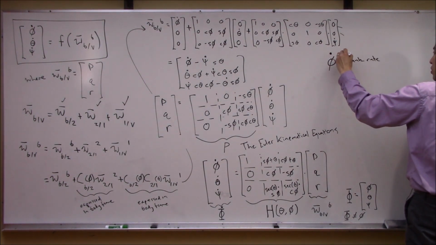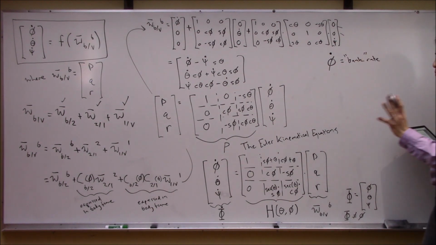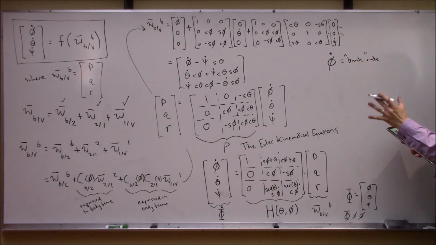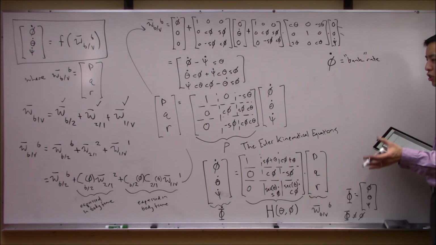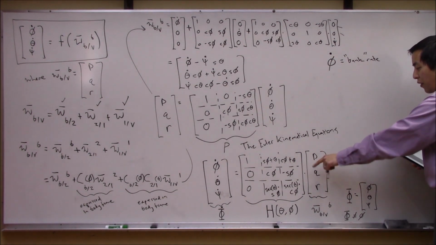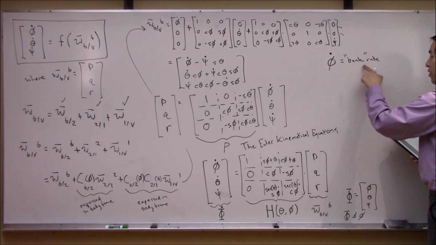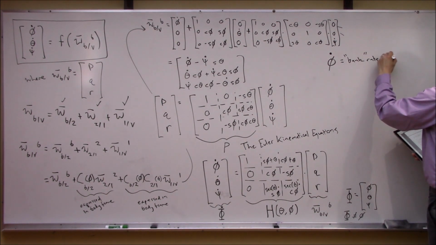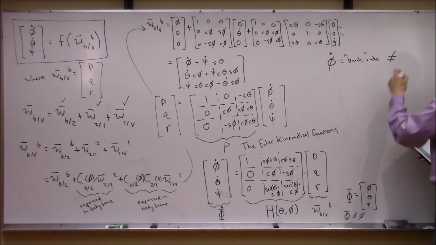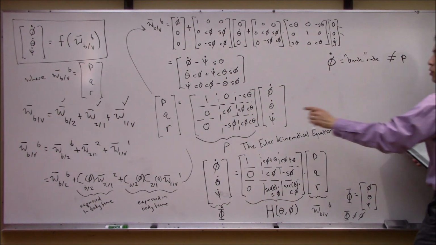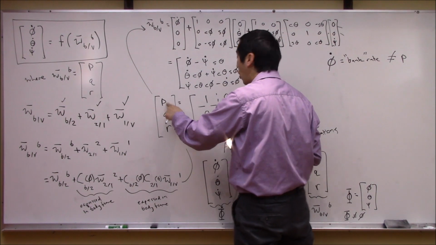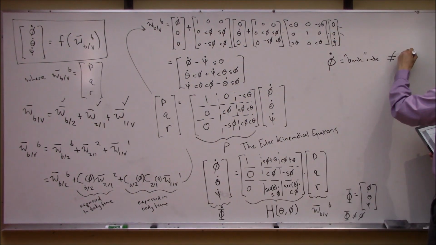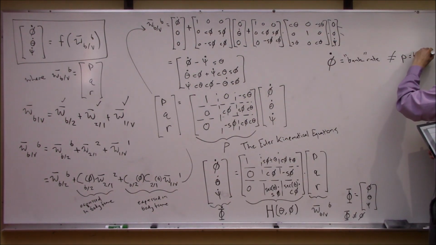We put this in quotes because bank is a poorly defined term that pilots or engineers sometimes use interchangeably. But we see very clearly that what we're calling bank rate is not the same thing as p, the first component of the angular velocity vector, which also was sometimes called bank rate.